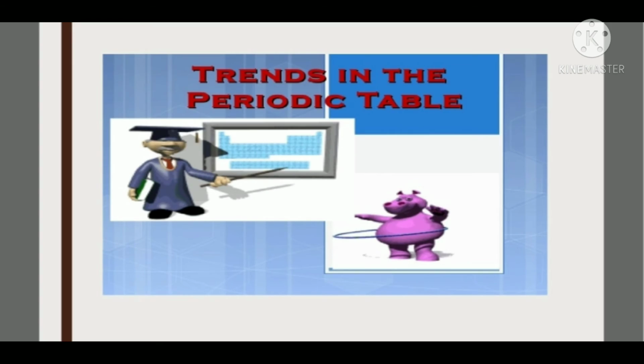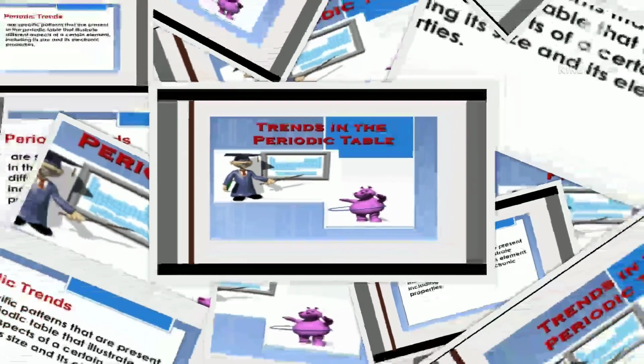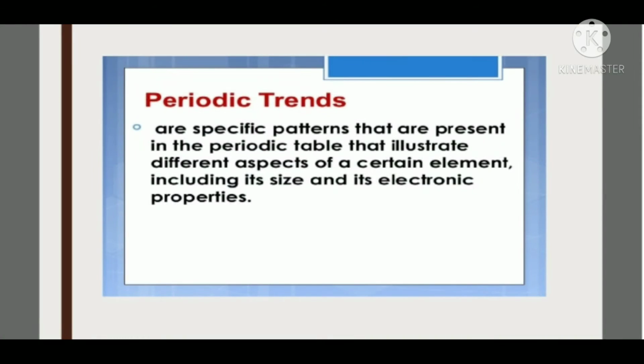None so far. So very good. Let us proceed. Periodic trends are specific patterns present in the periodic table that illustrate different aspects of a certain element, including its size and its electronic properties.